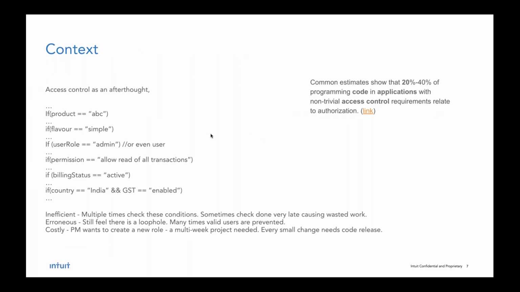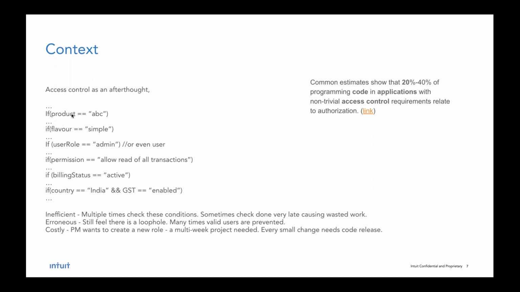Okay, so let's look at a code that usually you would find in the products. If your product has sufficiently grown and evolved and it serves a lot of use cases, you would see that there are a lot of ifs inside the product.